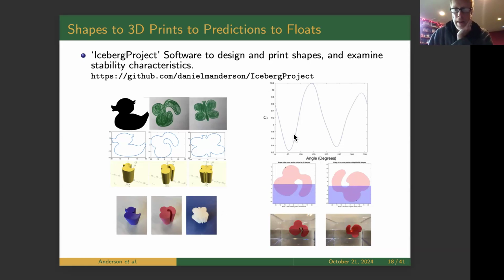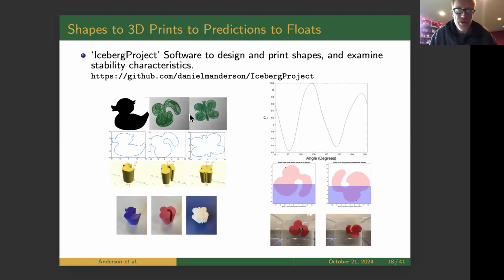This one is maybe like 0.4 density ratio. The prediction is these two orientations as stable orientations, and here are those two observations of this 3D printed object floating in water. Okay, so that's kind of what we do.